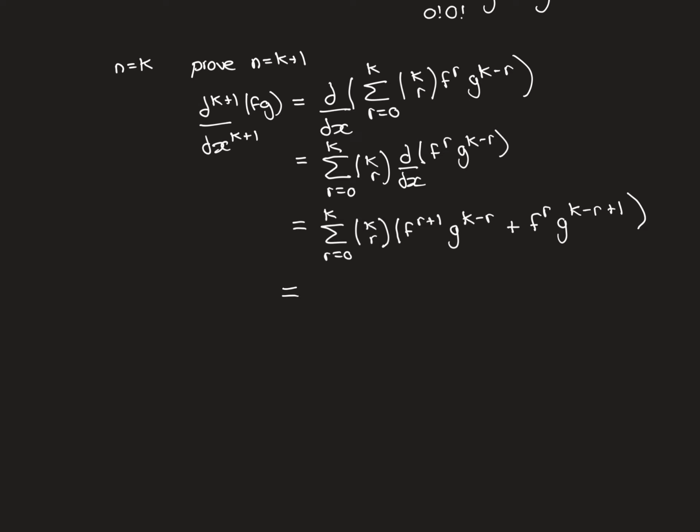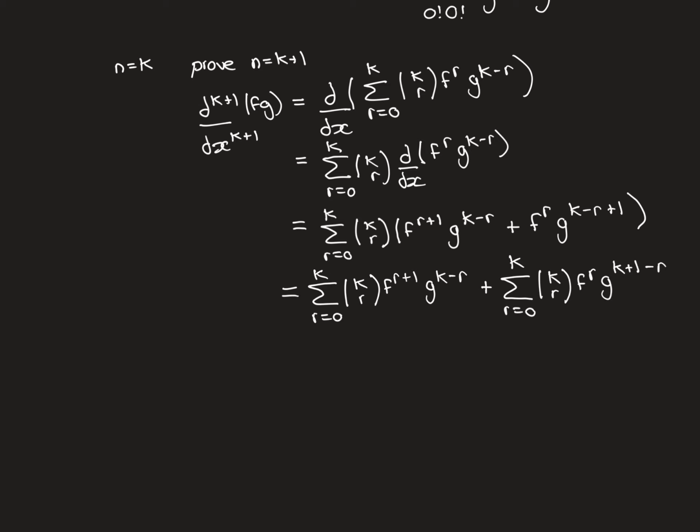So this is going to become the sum from r is equal to 0 to k of k choose r, f^(r plus 1), g differentiated k minus r times, and then plus the sum from r is equal to 0 to k of, again, k choose r, f differentiated r times, g, and we could rewrite this as k plus 1 minus r, and that's helpful because remember the final form we're trying to get to looks very much like this.